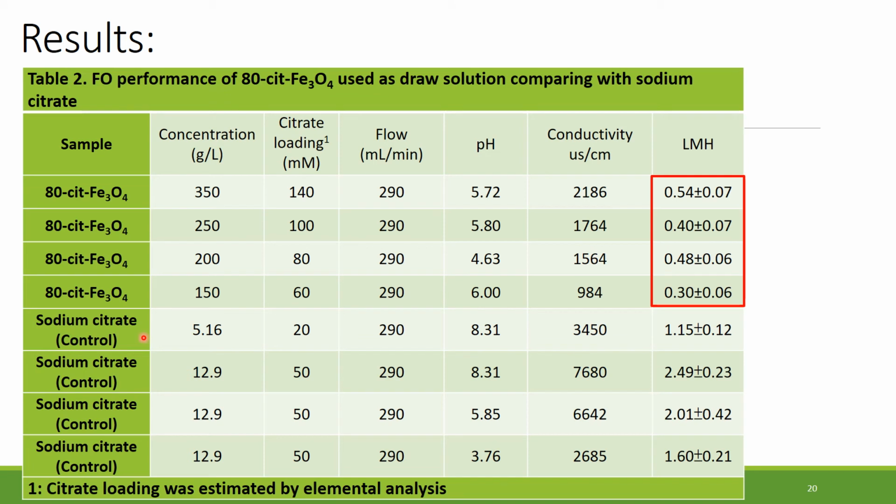That means how to maintain a high concentration of this iron. Not easy, right? We need to regenerate or reconcentrate the iron, rather than, right now, just relying on the magnetic separation of this particle. Of course, further improvement should be conducted to increase the LMH.